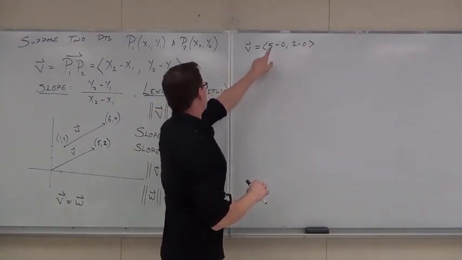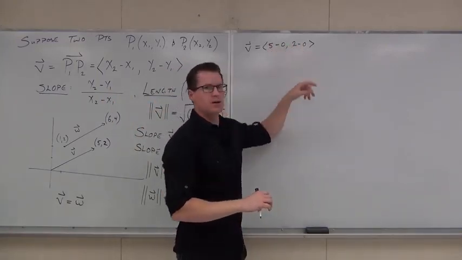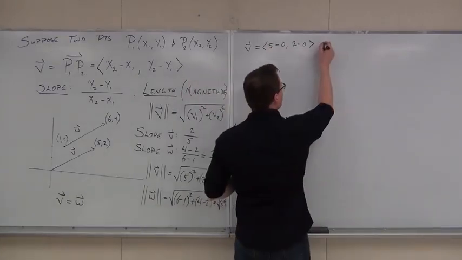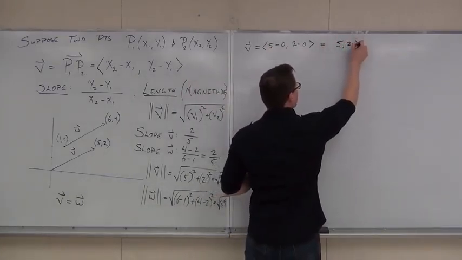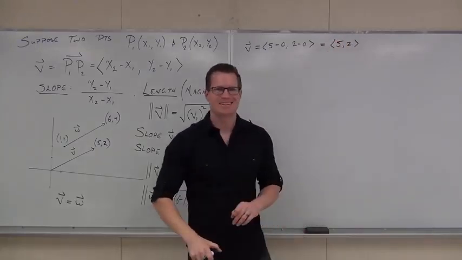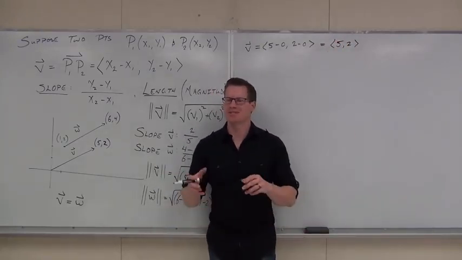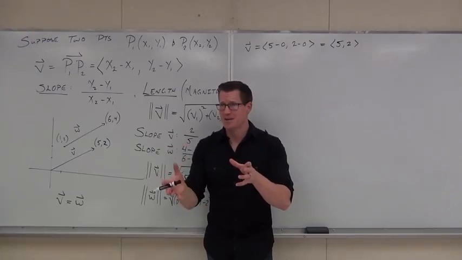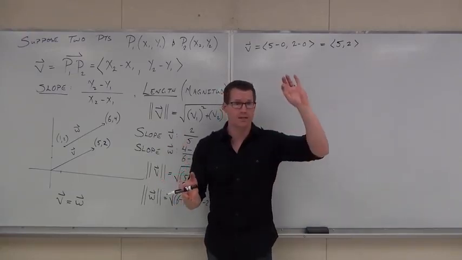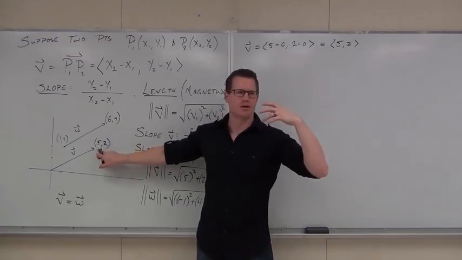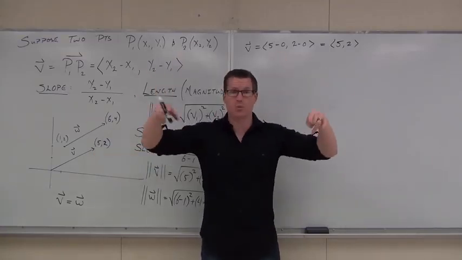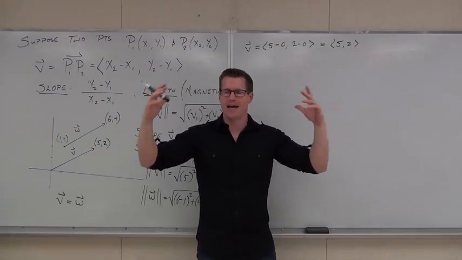So terminal, initial, and see what you got. What are you going to get? Is that a big shocking surprise? Guys, we talked about it, right? We said this. Position vector is really easy because if you have a point, the terminal point always defines your position vector. All you got to do is take the same numbers, just have that weird bracket saying you have a vector, and that's the idea.